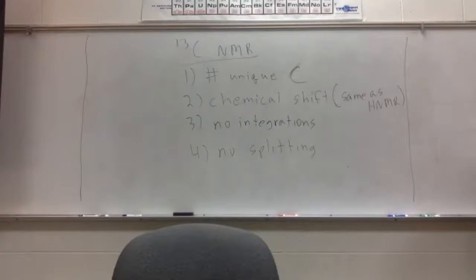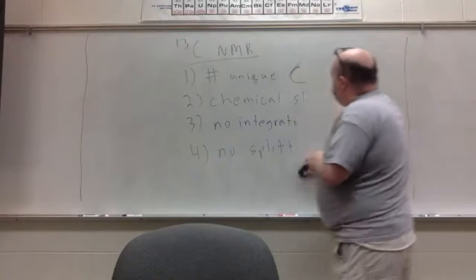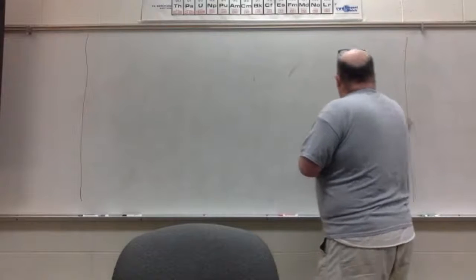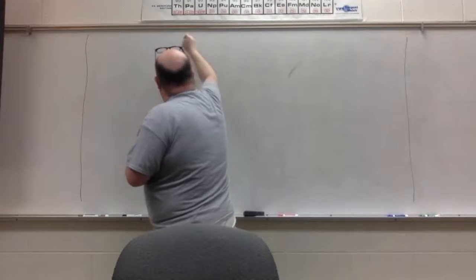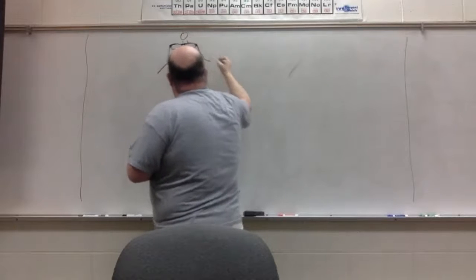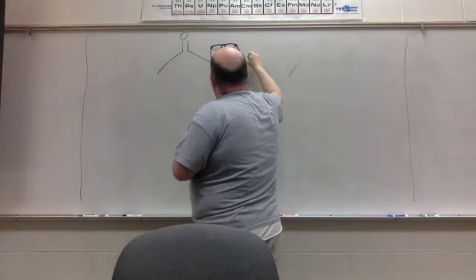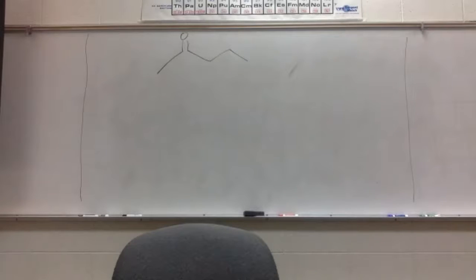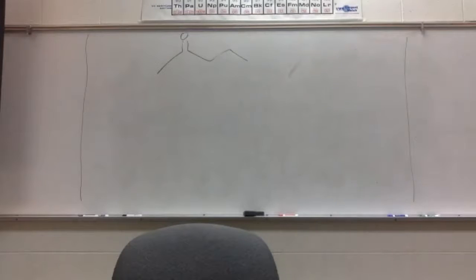So for example, let's say you have something like that. Let's say you have a ketone. How many different types of carbons do you see in that structure?